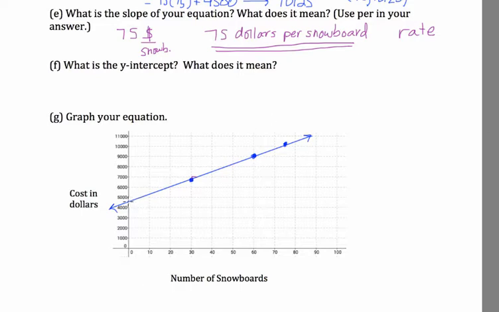Well, the y-intercept, we know since our line is this, we know our y-intercept is 4,500. What does that mean? That means the cost of producing 0 snowboards will be $4,500, according to our line.